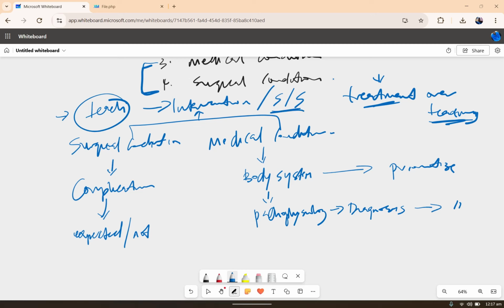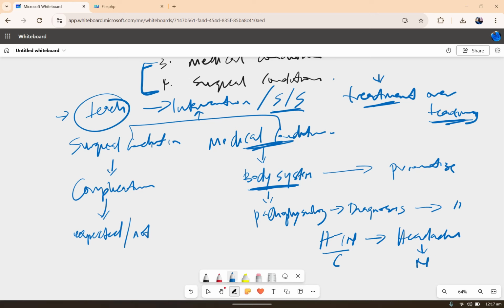So NCLEX can also give you a symptom. If it's a medical condition, we're asking ourselves, is the symptom related to the body system of the diagnosis? If we have a patient that's having hypertension, this is a cardiovascular problem. If the symptom is headache, this is a neurological problem. The symptom is not related to the diagnosis.